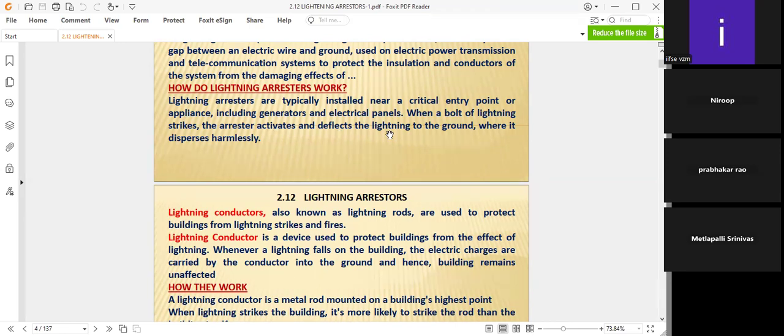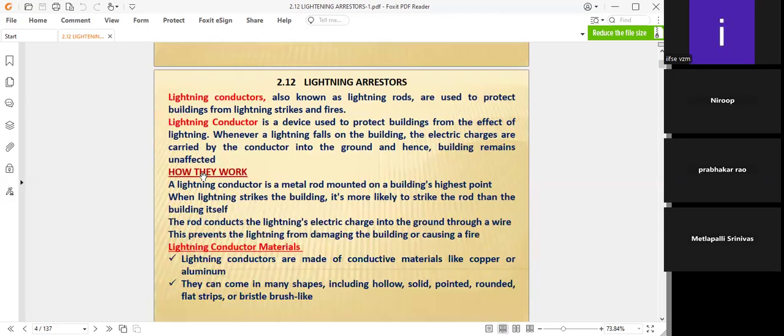Of course, you people know this, but it is customary to tell it in the class also. The ground means earthing, where it disperses harmlessly without having any effect on the equipment, the buildings or the panel rooms, over and above which the arresters are installed.